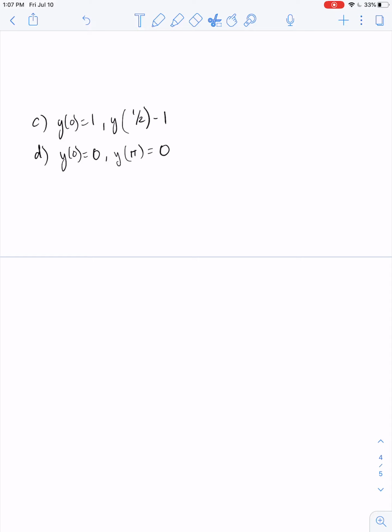They're just giving us the function this time. So a little bit different than with the derivative. This one they're just giving us the function.